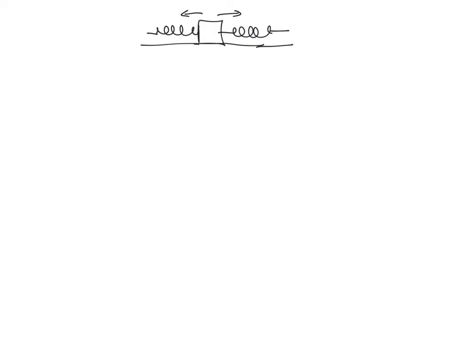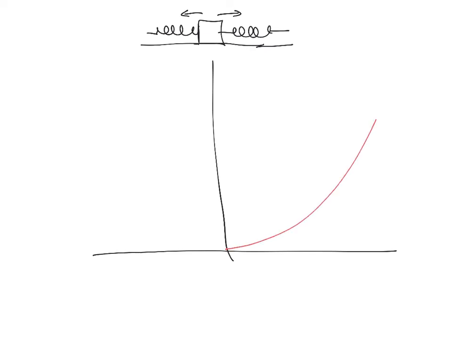Finally, I want to talk about a situation like this. This is like a box between two springs, and it's going back and forth. In all these situations, dissipative forces are non-existent. These are all conservative systems. Hopefully you remember that the potential energy for a spring is 1/2 kx squared.